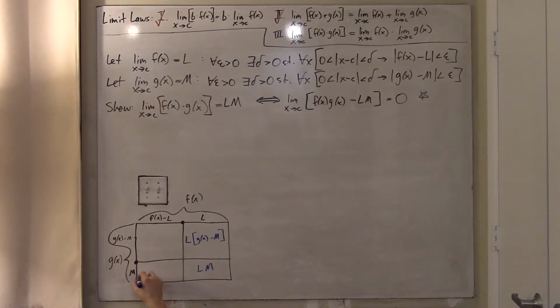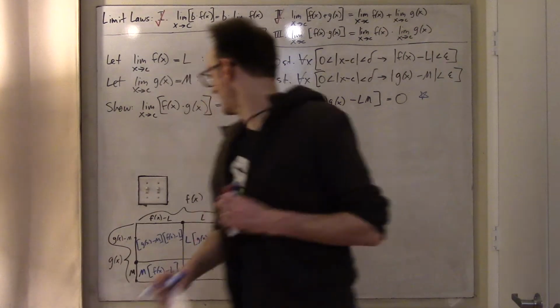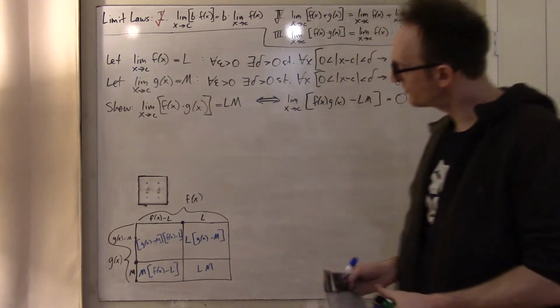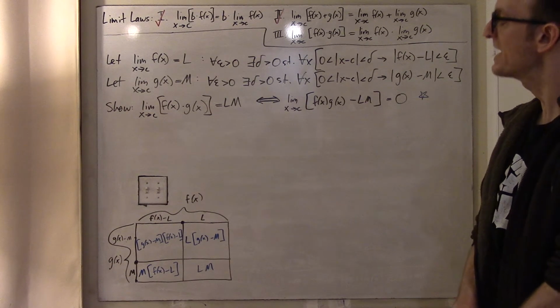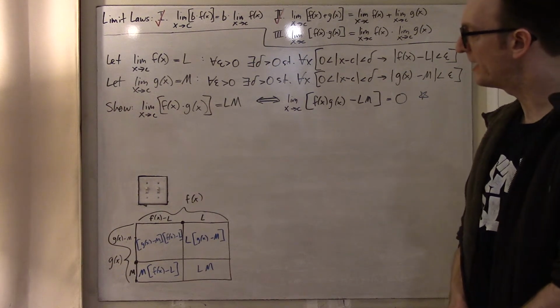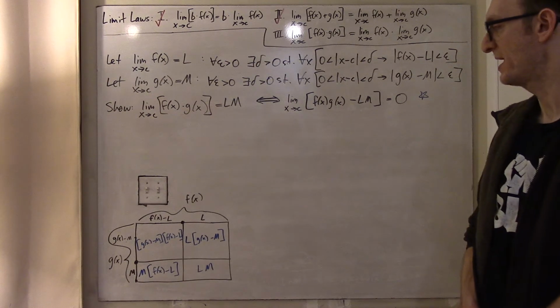This one is m times f of x minus L, and this one is g of x minus m times f of x minus L. Okay, hopefully that's relatively clear. What am I doing? I'm just drawing a picture of the relationship between f times g and L times m.